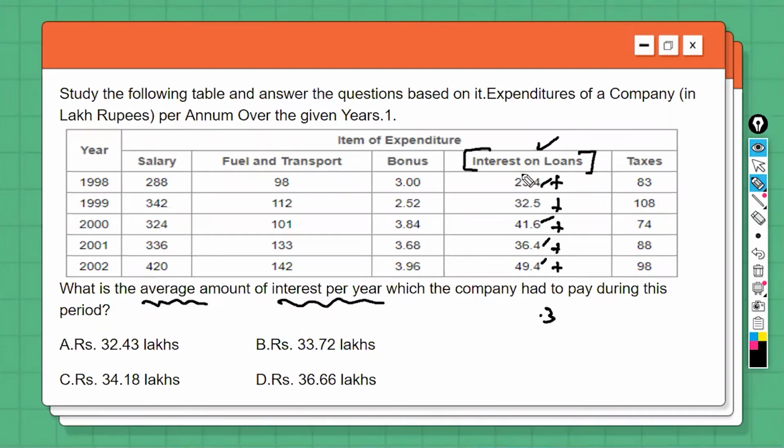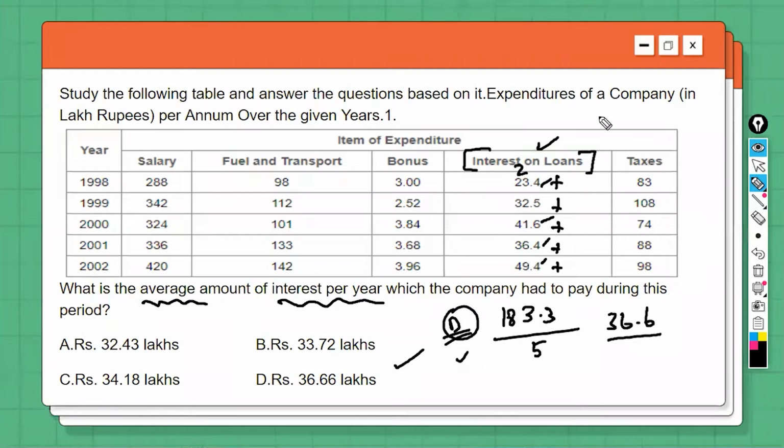Adding the rest, we get 183.3. And how many years? 1, 2, 3, 4, 5. So 5 years. If you divide, you will get 36.6. So answer option D should be the right answer.